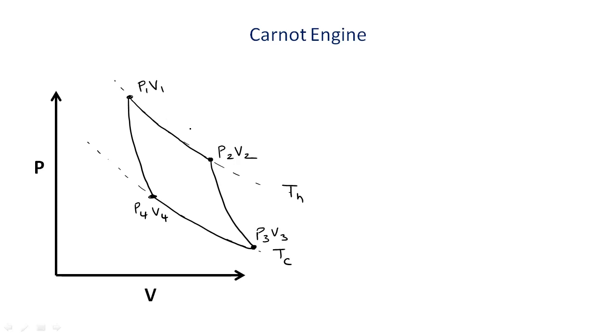In the first step, the gas is expanded isothermally and quasi-statically by absorbing heat from the hot reservoir. In the second step, the gas is expanded adiabatically and quasi-statically, whereby the gas reaches the temperature of the cold reservoir. In the third step, the gas is compressed isothermally and quasi-statically and gives heat to the cold reservoir.